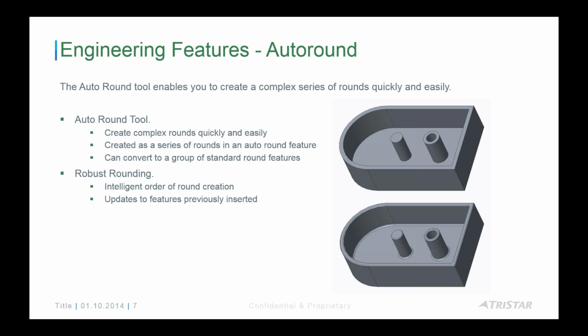This is a very robust rounding technique. It uses an intelligent order to create the rounds, and if we were to go back in history and add any features to the models, those features would then be included in that Autoround feature.